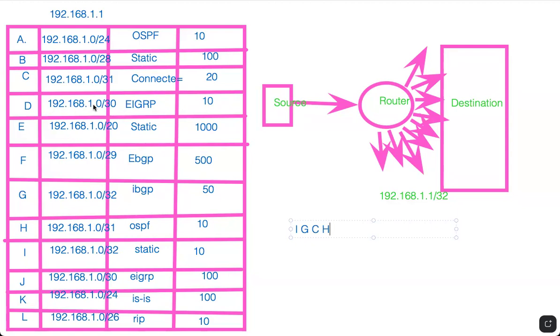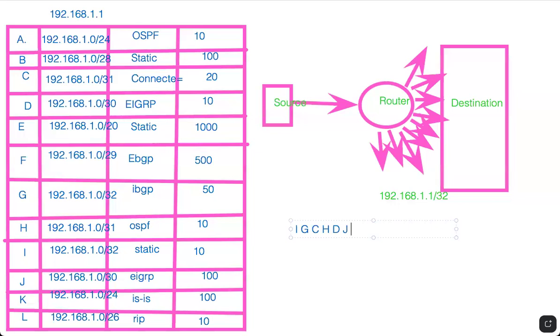We have D and J. Both D and J are EIGRP routes. If you observe, the metric of this one is 10 and the metric of this one is 100. Lower metric wins, so D comes first, and then J.